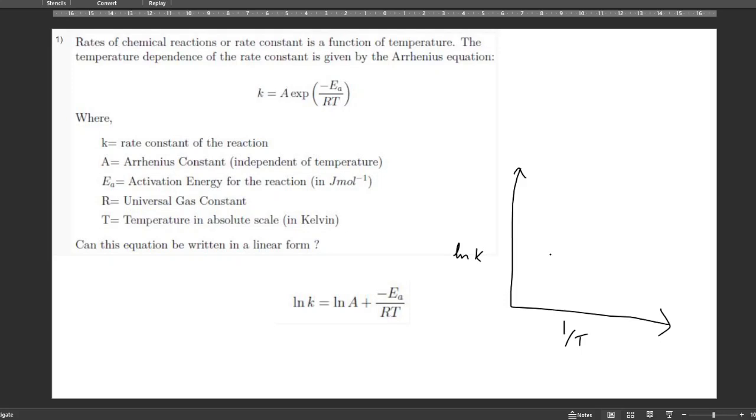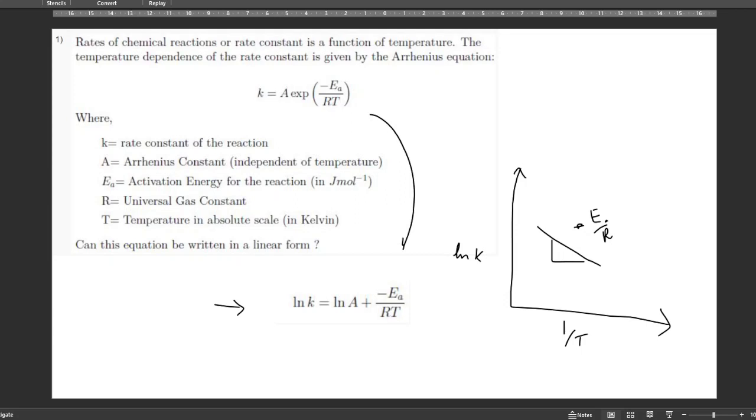Here the slope is a negative slope. The slope is given by minus Ea by R. So this is the linear form of the Arrhenius equation.